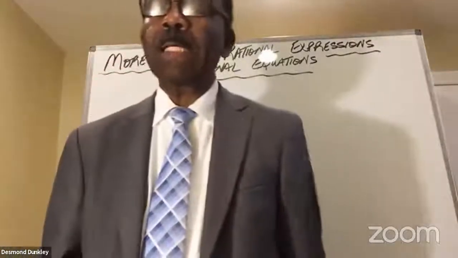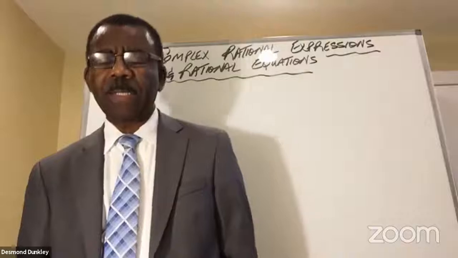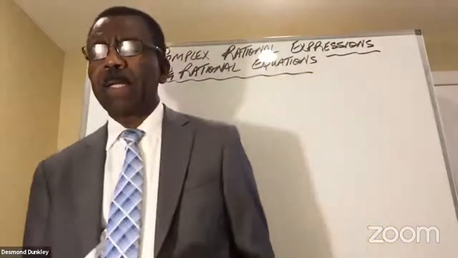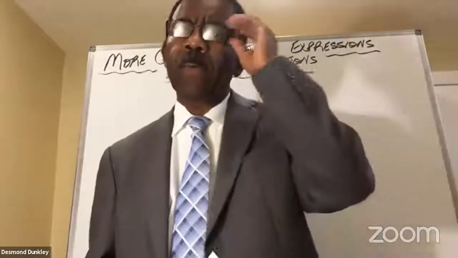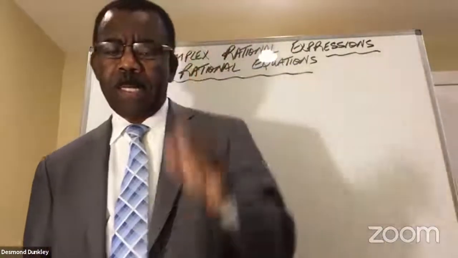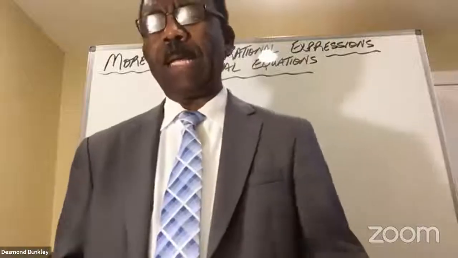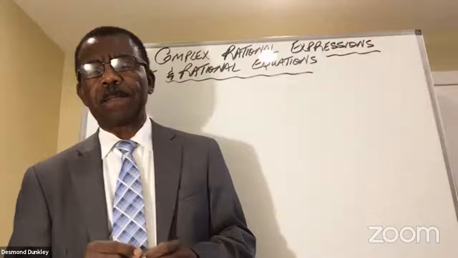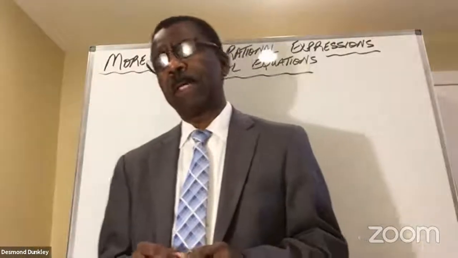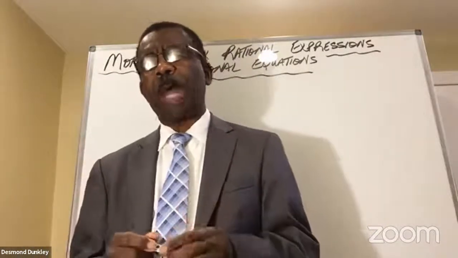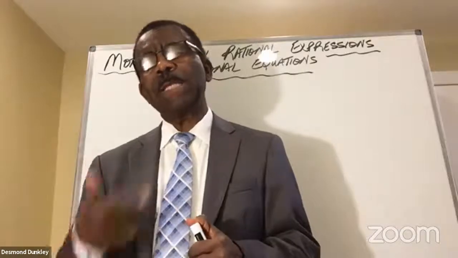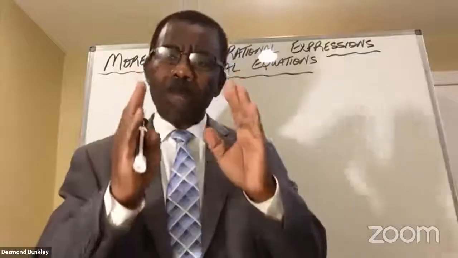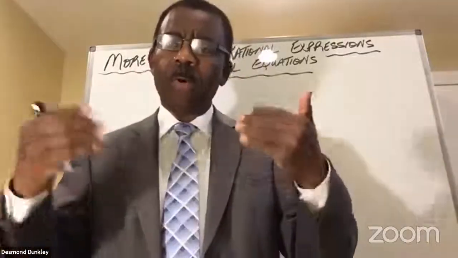We have been looking at rational expressions and rational equations, solving rational equations, and also simplifying rational expressions. What we decided to do today, to pull it all together, is to look at more complex rational expressions and also more complex rational equations. Once you understand the principle and apply the math correctly, it all works out.